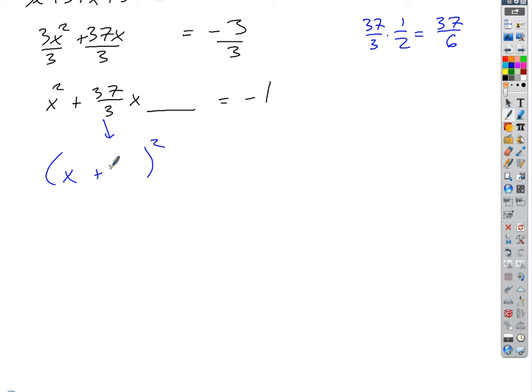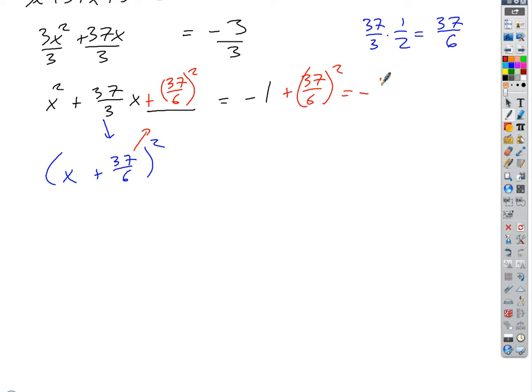So we get x plus 37/6 squared. To get that answer, though, we have to add 37/6 squared to both sides, which is a big number.